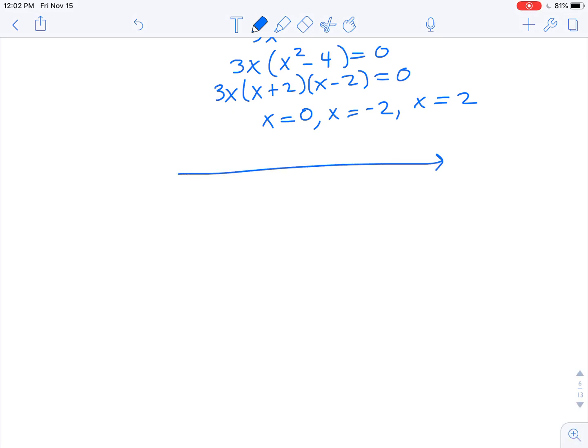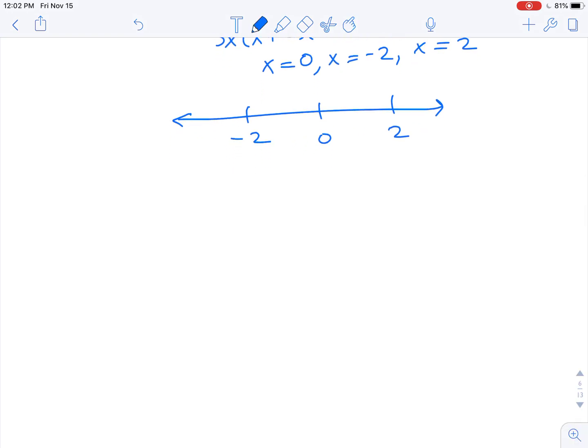So if we're just looking at x values, we have these 3 points of intersection. We also know quite a bit about what these graphs look like because f is a cubic function, so it does something like this.